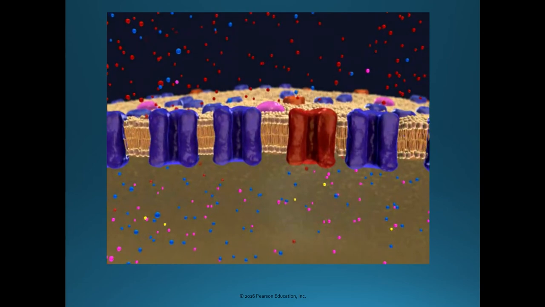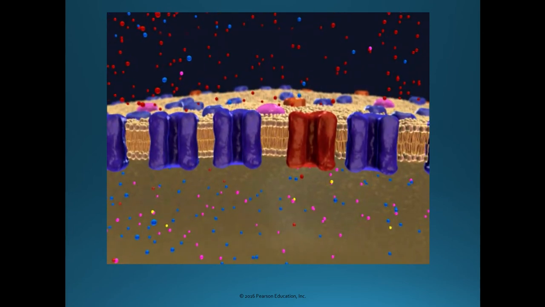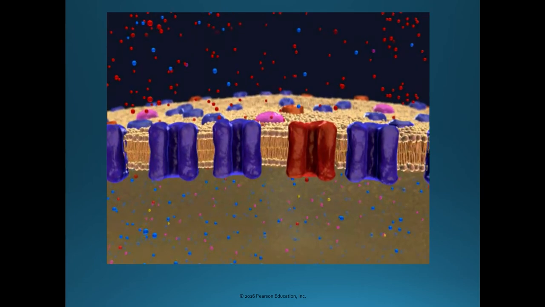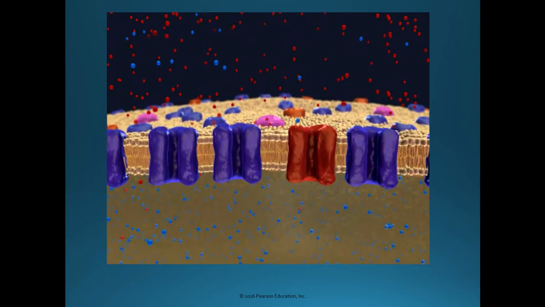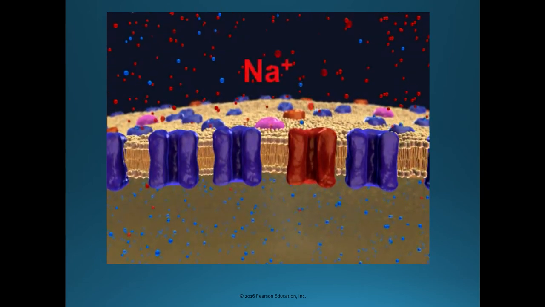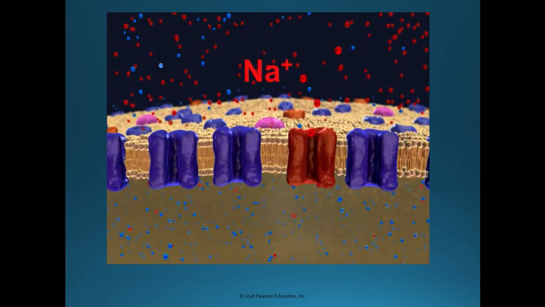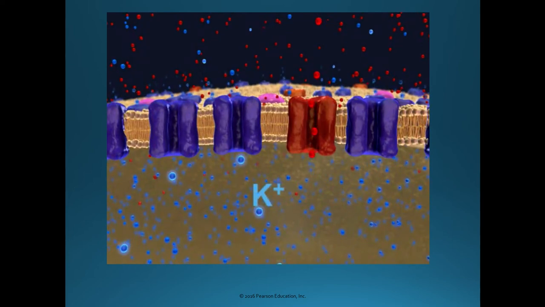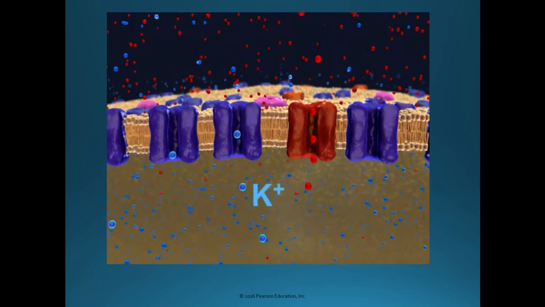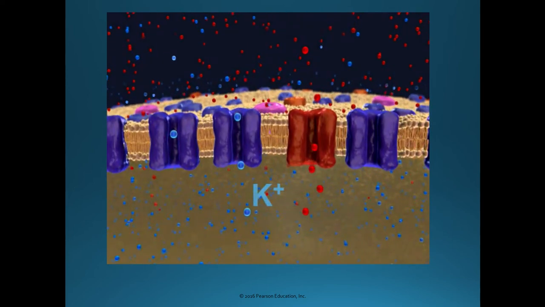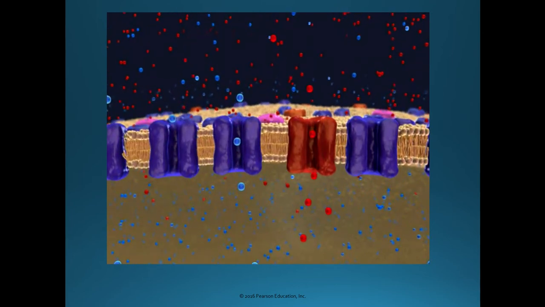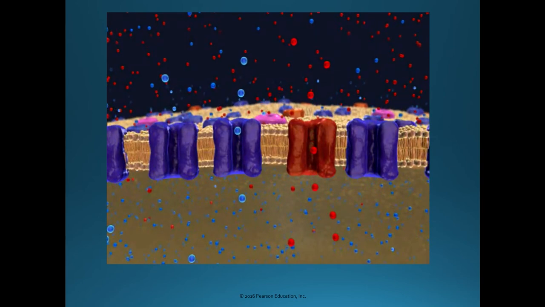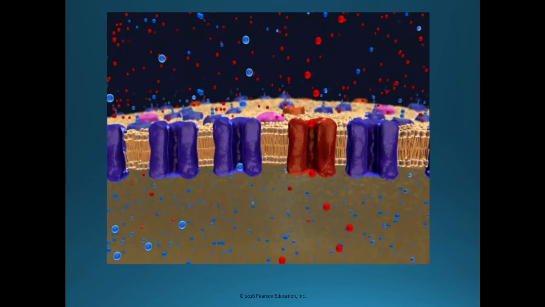The resting membrane potential depends on 2 factors. First, it depends on the presence of sodium and potassium gradients across the plasma membrane. Specifically, there are more sodium ions outside the neuron than inside, and more potassium ions inside the neuron than outside. Second, the resting membrane potential depends on the differential permeability of the plasma membrane to sodium and potassium ions.